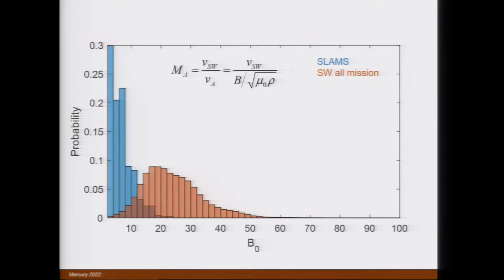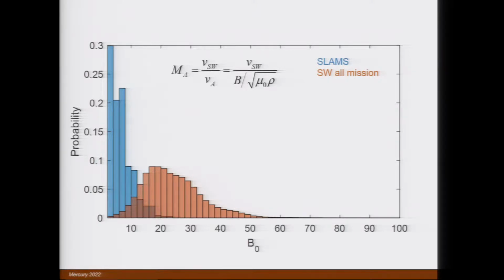So you see that, okay, we can't really calculate rho from the ion measurements in the solar wind. But we know that in general, for a smaller magnetic field in the solar wind, we should get a higher Mach number.